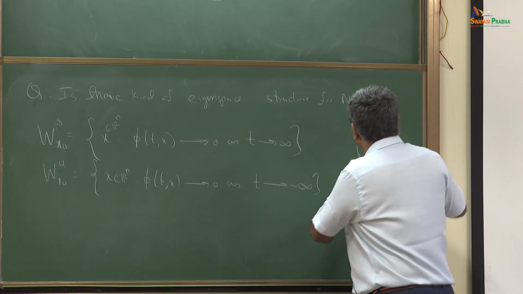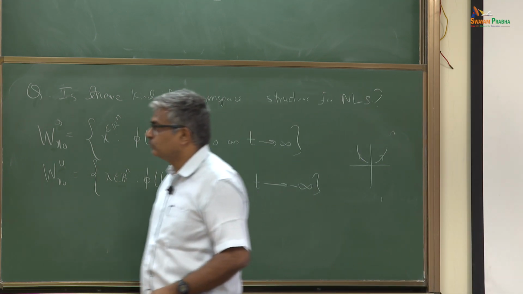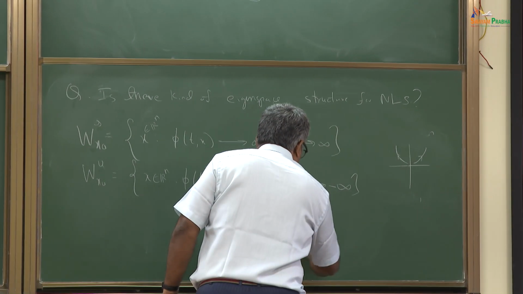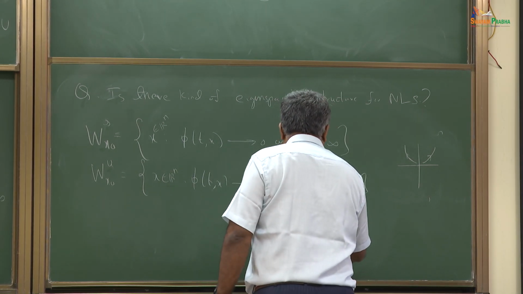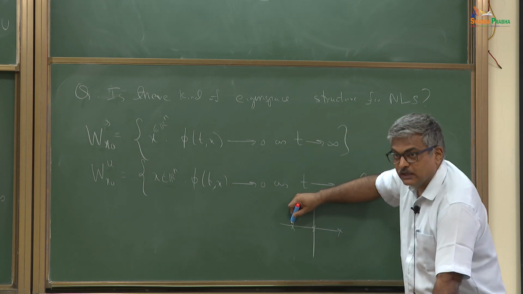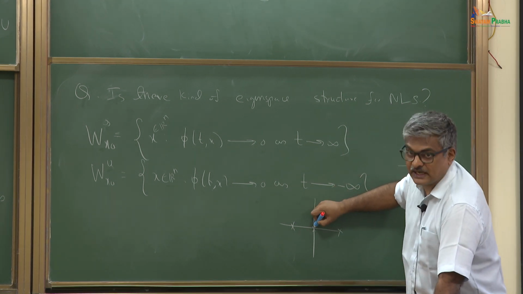So not converging doesn't mean it is blowing up to infinity. To explain that, you could have a situation, in fact, I'll do that shortly. So you have some 3 equilibrium points. This may be an unstable focus, and this may be a saddle.